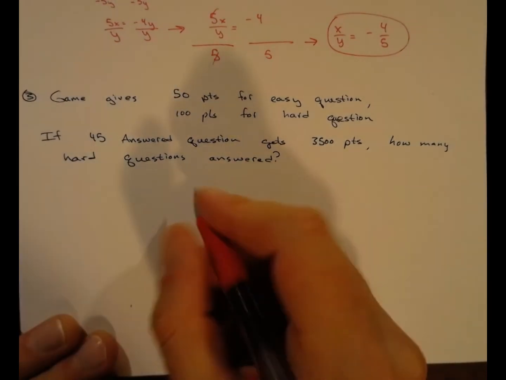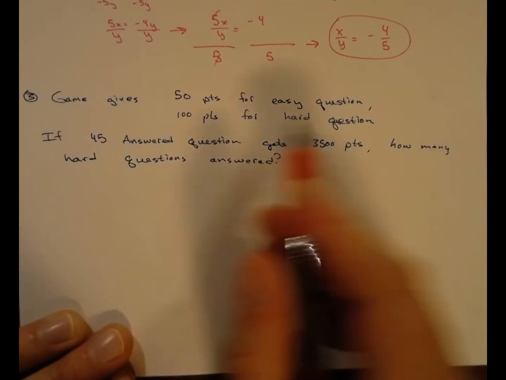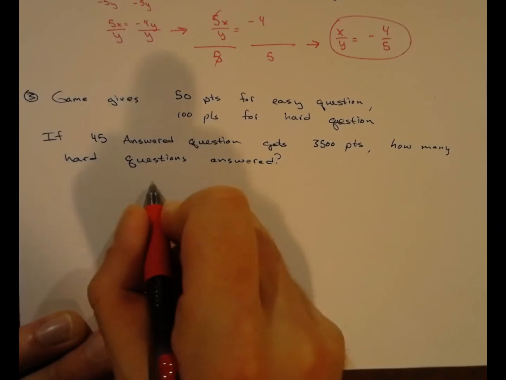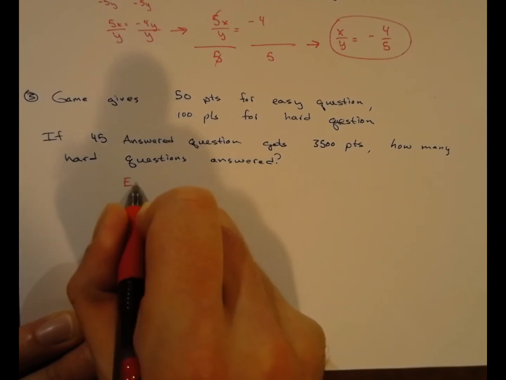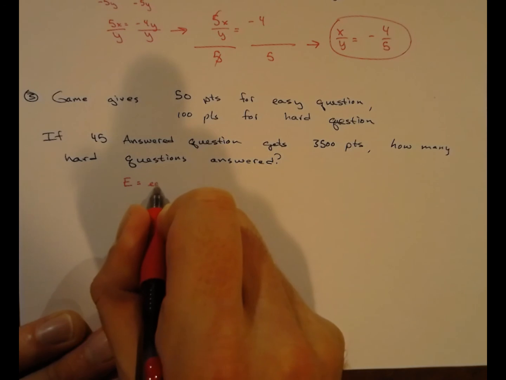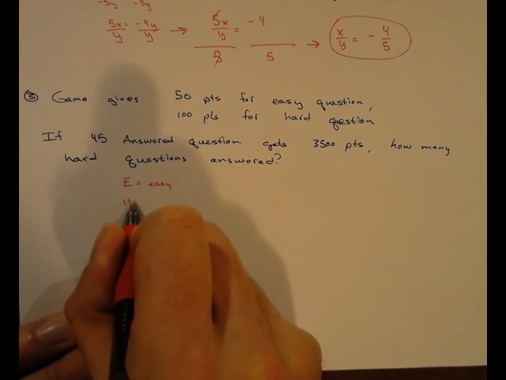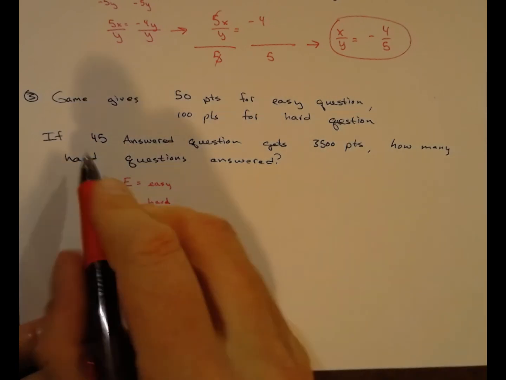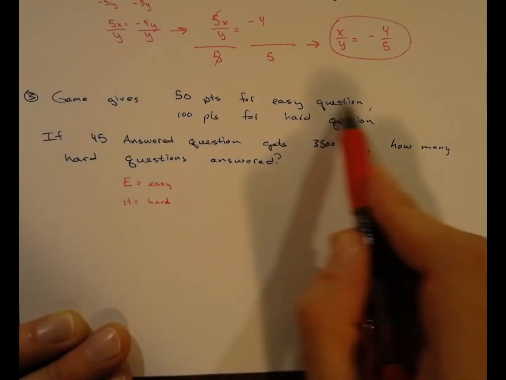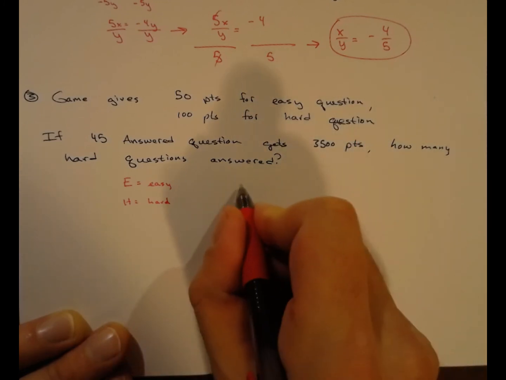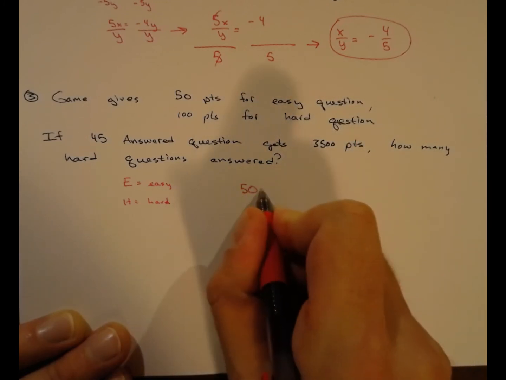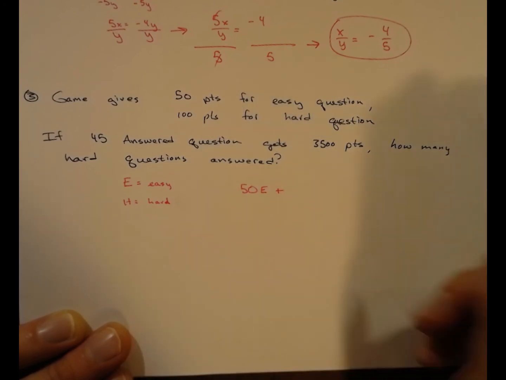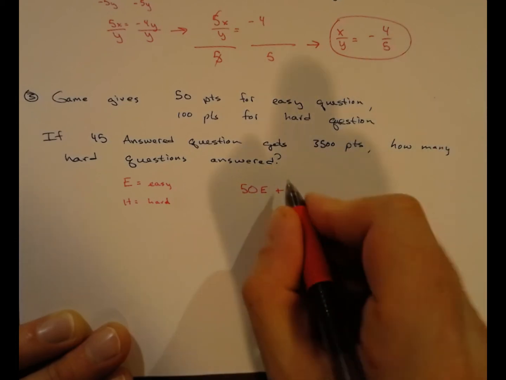So what we can do here is we can write a system. We don't actually really need two variables, but I'll get to that in a second. So let's use E for easy and H for hard. And what do they tell us here? Okay, so we get 50 points for an easy question. So 50 points times every easy question we answered, plus 100 points for every hard question.